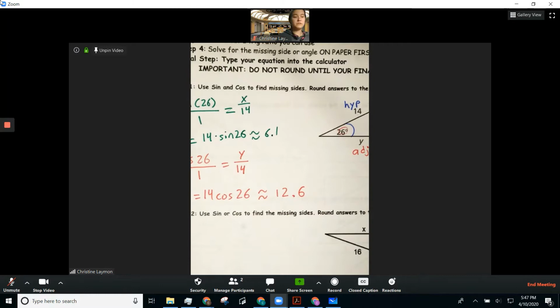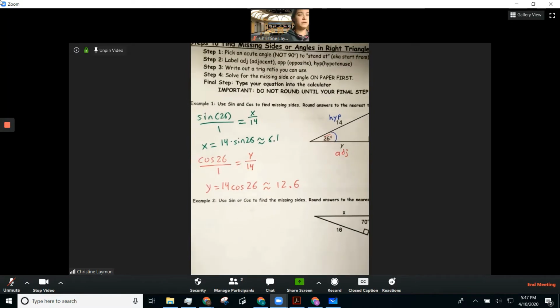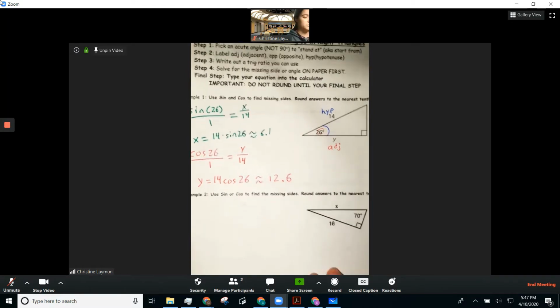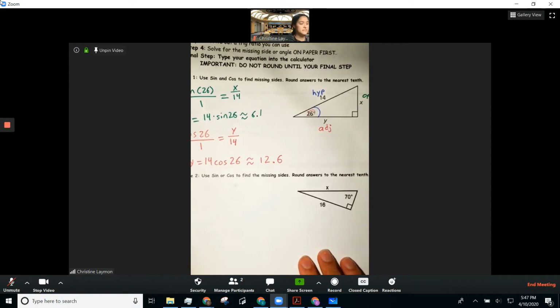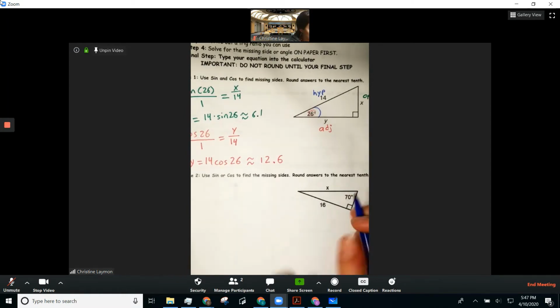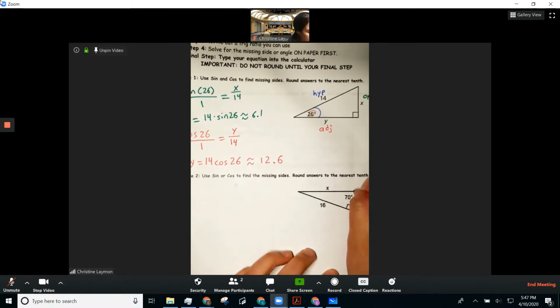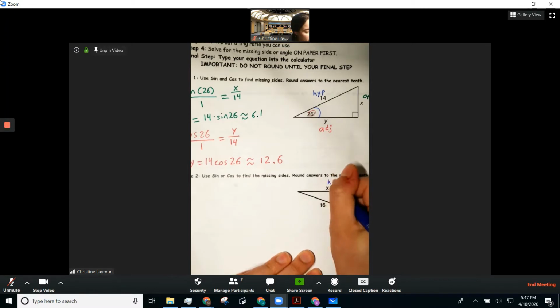I'm going to go ahead and do the same thing in the question down below. So go ahead and zoom out a little bit. Same deal here. I have an angle way up there. So this is the angle that we're looking at. This is the 70-degree angle. I have a right angle right here, meaning that this time x is my hypotenuse.